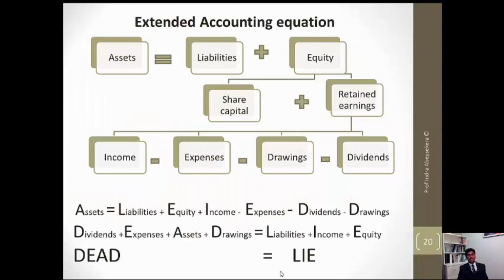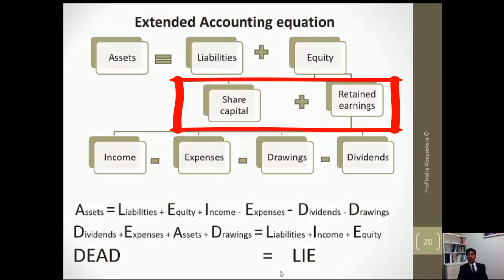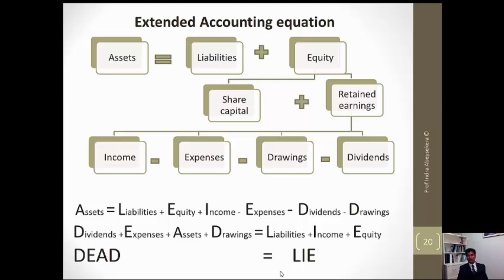We can extend this accounting equation. Assets equal liabilities plus equity. We can extend the equity part as share capital, that is what shareholders have contributed to the organization, plus anything the organization has retained for the owners, has not distributed but has retained for the owners. They are called retained earnings.